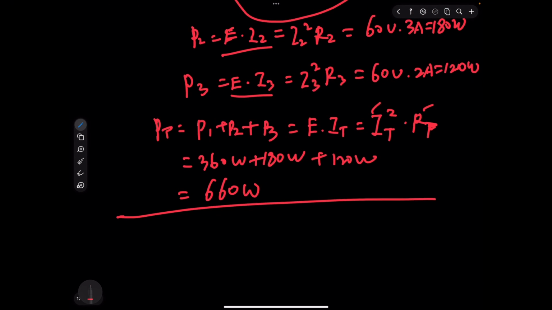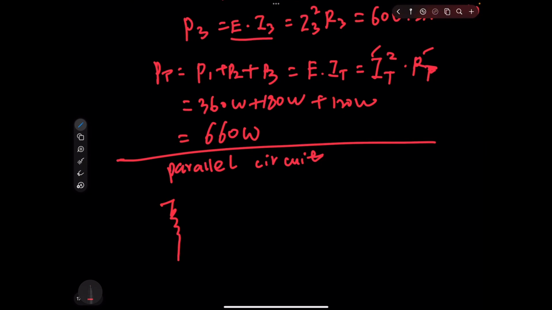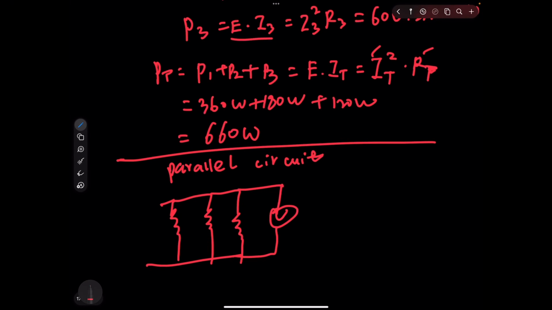So basically this is everything for parallel circuits. For parallel circuits, the voltage across each component is the same. They all equal the power source. So the voltages are the same.